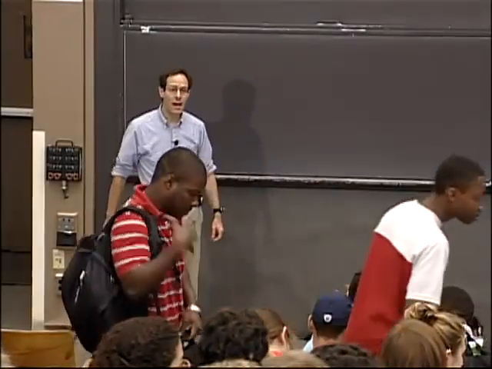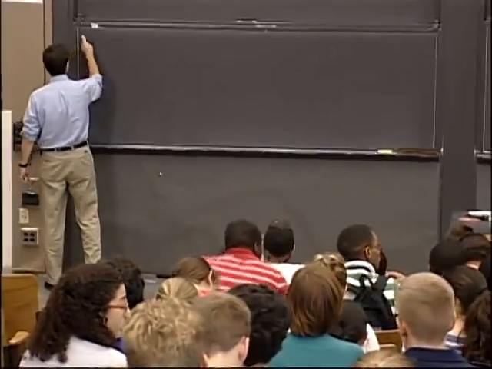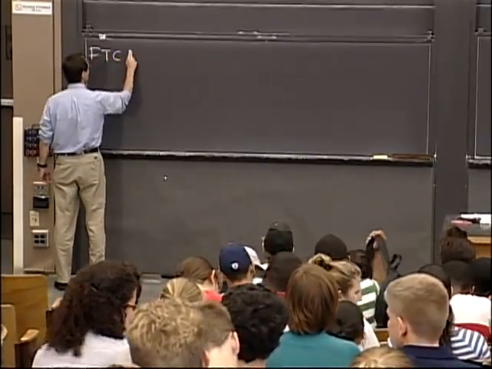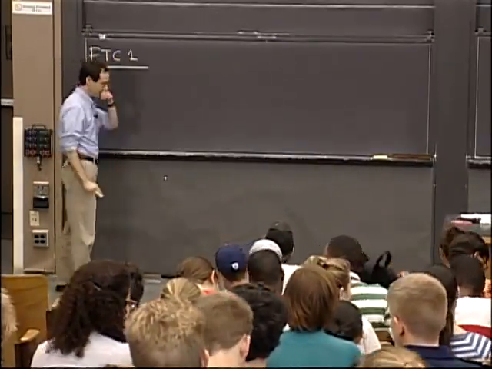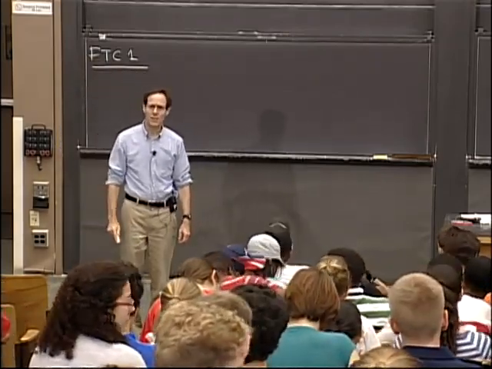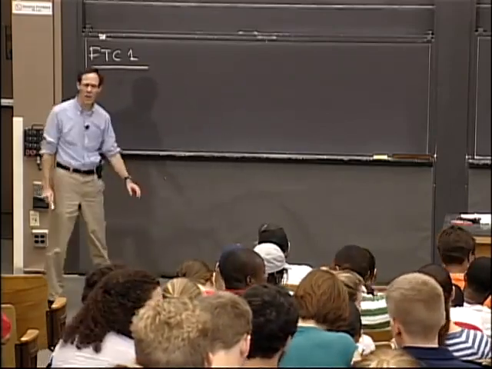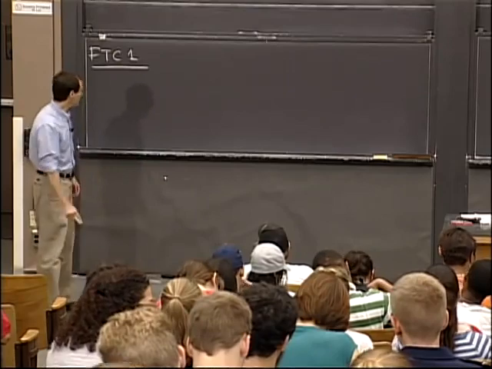To begin today, I want to remind you of the fundamental theorem of calculus. We called it FTC1 because it's the first version of the fundamental theorem. We'll be talking about another version today, the second version.